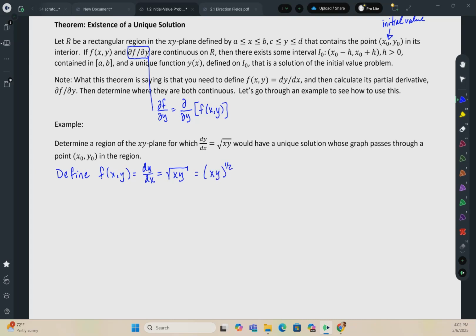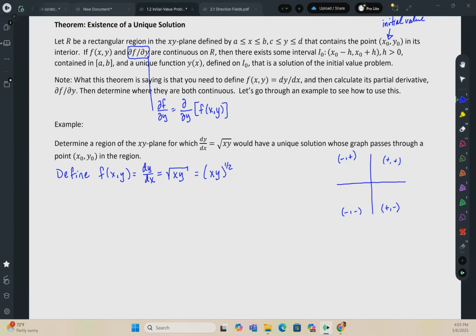Now, just thinking about that function itself and the x and y values: in the first quadrant, we know we have positive and positive for x and y. In the second quadrant, x is negative and y is positive. In the third quadrant, they're both negative. And in the fourth quadrant, x is positive and y is negative.